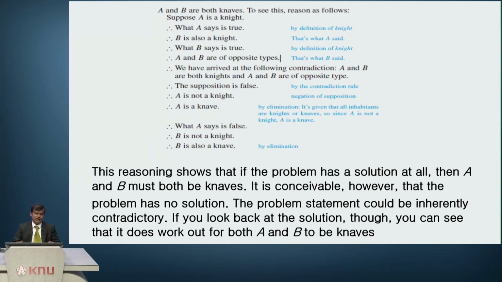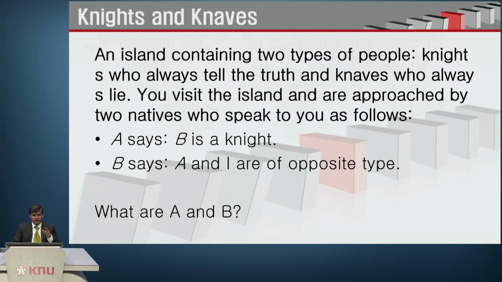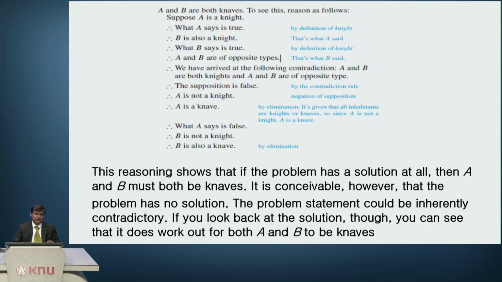Therefore, B is a knight, right? Because A says B is a knight, so if A is a knight, he says the truth, therefore B is also a knight. What B says is also true because B is a knight. And what does B say?